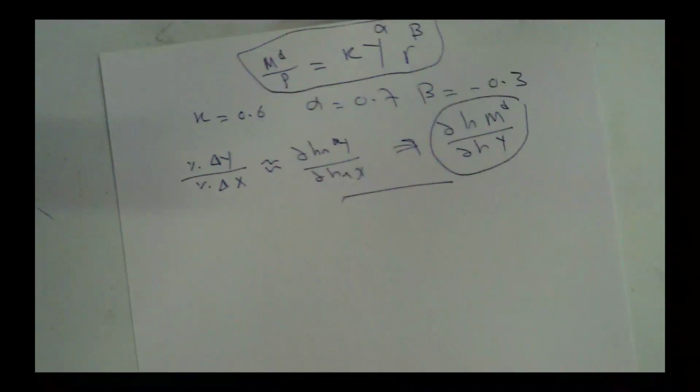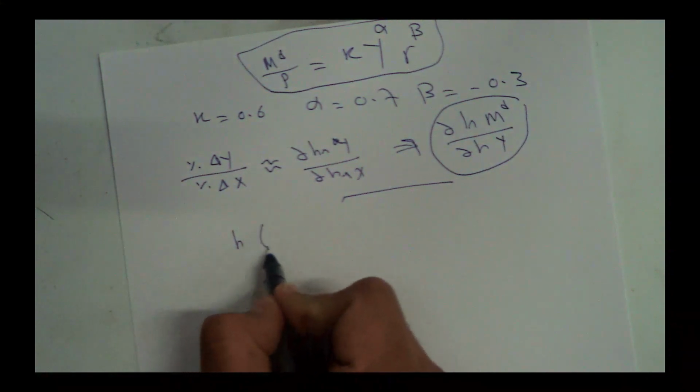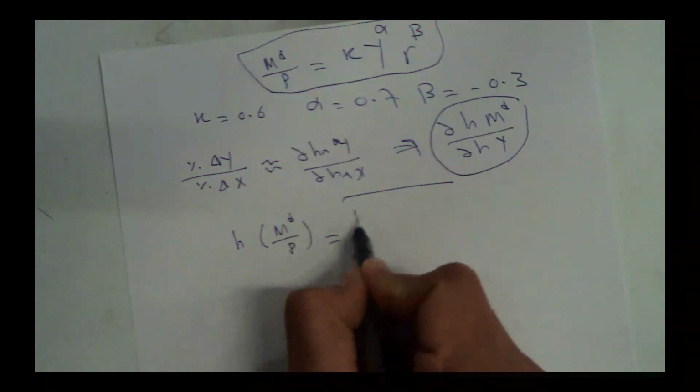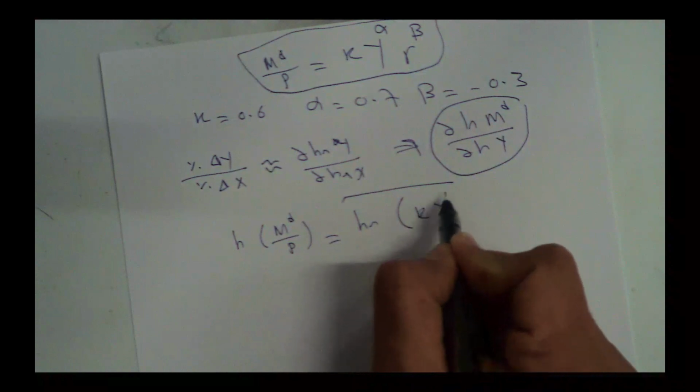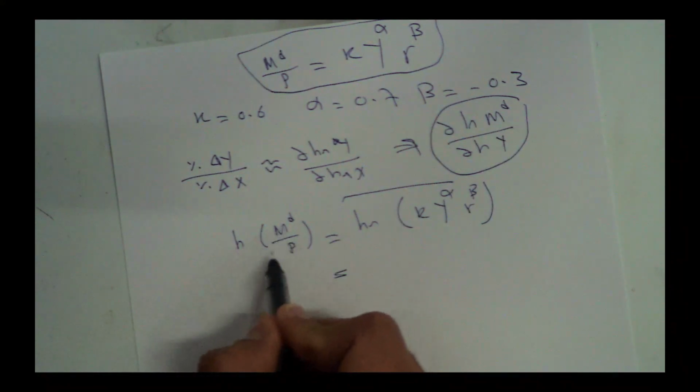So basically, this is ln Md over P equal to ln of the whole thing here, which is k Y^alpha R^beta, log of this minus the log of this.